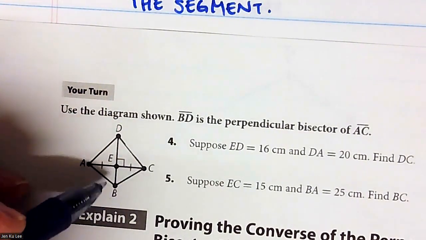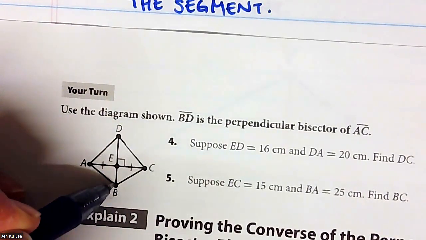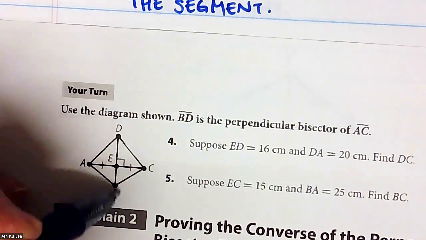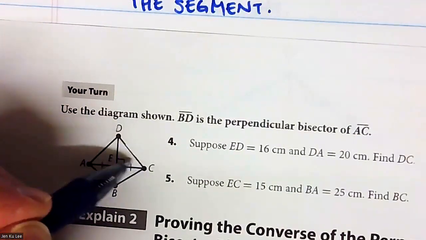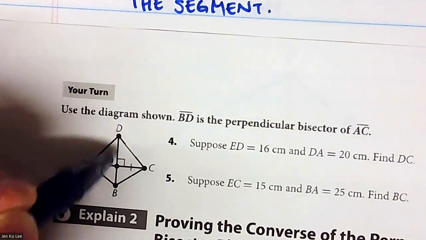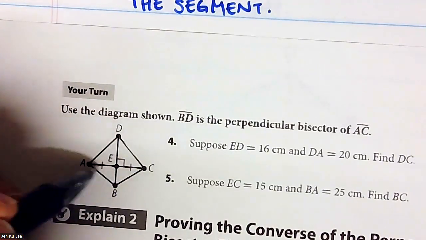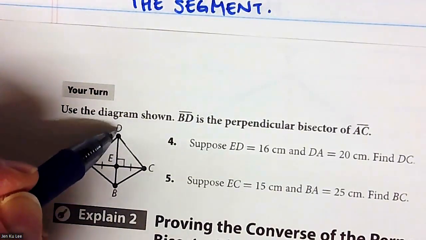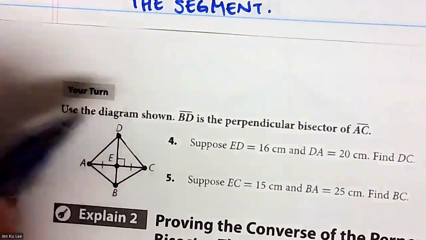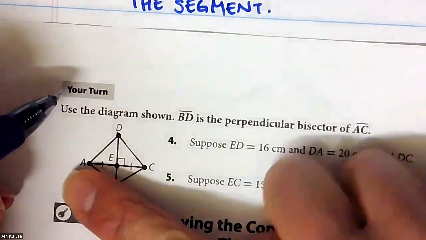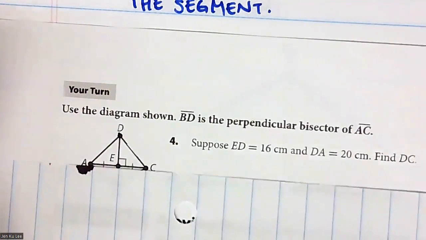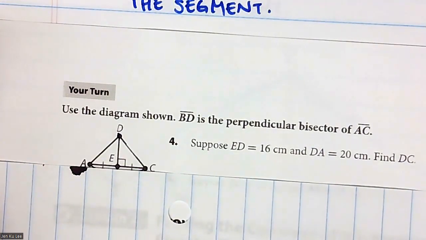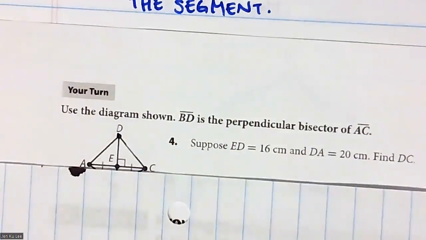Notice that point B is on the perpendicular bisector of AC, and point D is on the perpendicular bisector of AC. So if point D is on the perpendicular bisector, if I cover this up, isn't that picture the same thing that I drew here?